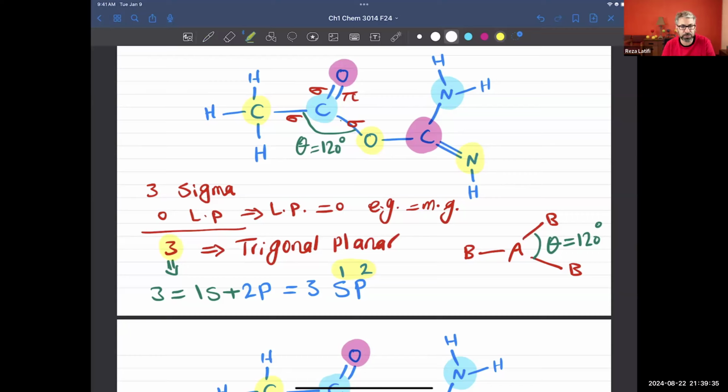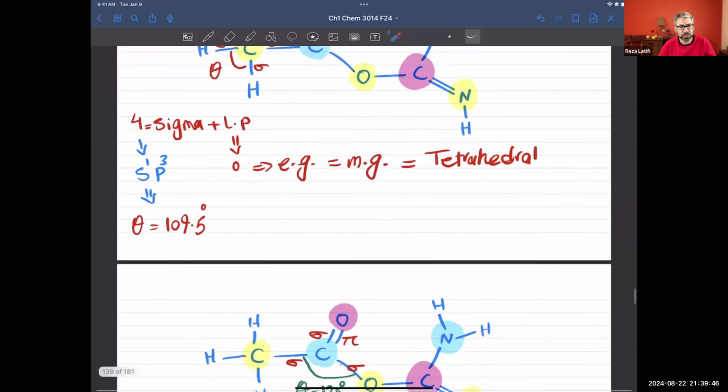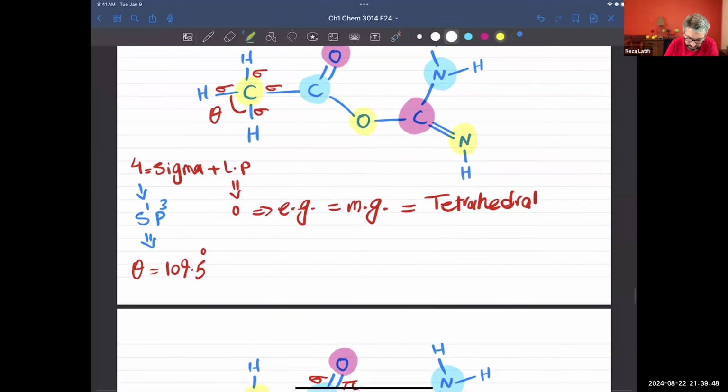So sigma plus lone pair is always equal to S plus P. If I go back, when I added 1 plus 3, that gave me 4. That's always solid, always.